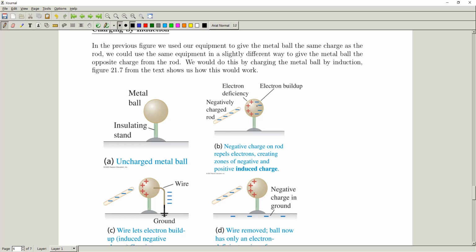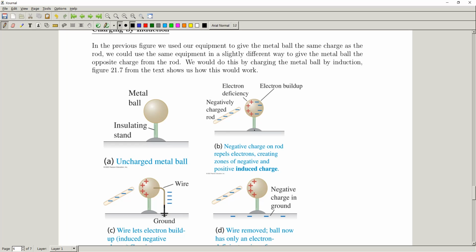So some of these free electrons will migrate to the right-hand side of the ball, and we're going to end up with some net positive charge on the left-hand side of the ball, because the rod is coming closer, it's repelling these negative charges. They're moving away as best they can while still staying in the metal ball. So we end up with a net negative charge on this side and a net positive charge on this side.